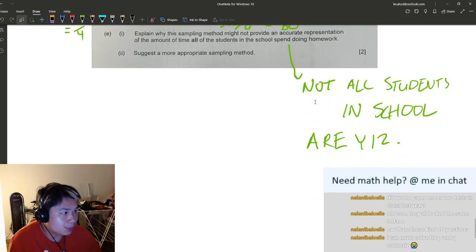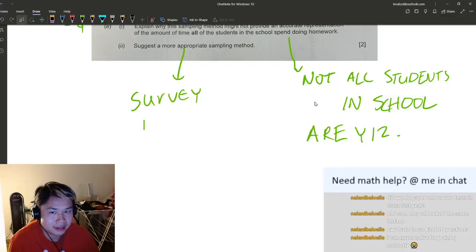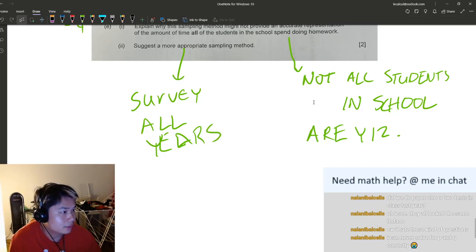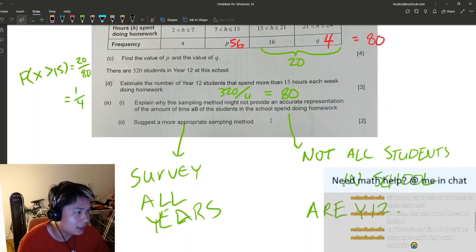It's just a more appropriate sampling method. Survey other grades. Or survey all grades. All years, whatever you want to call it. Okay, easy 2 marks.